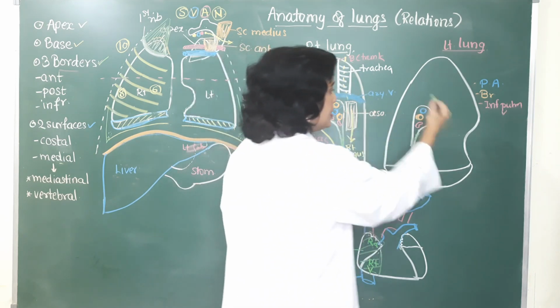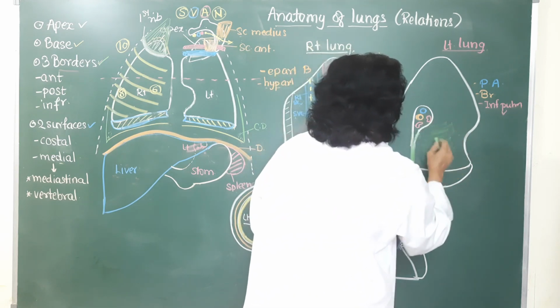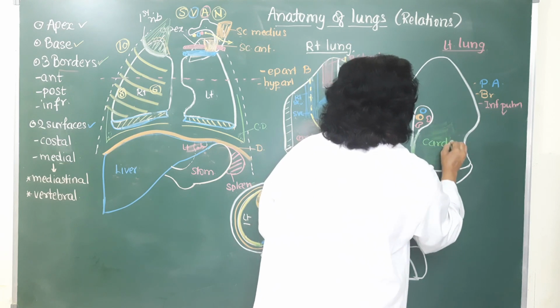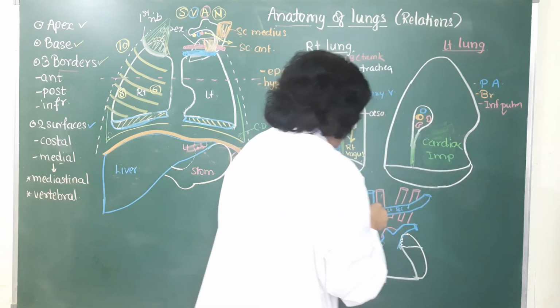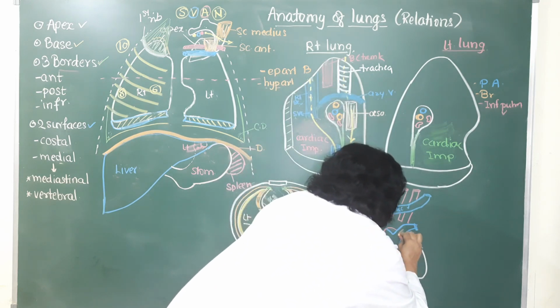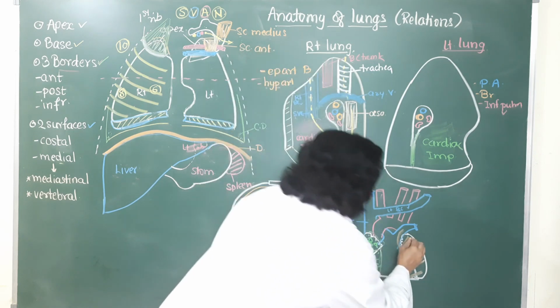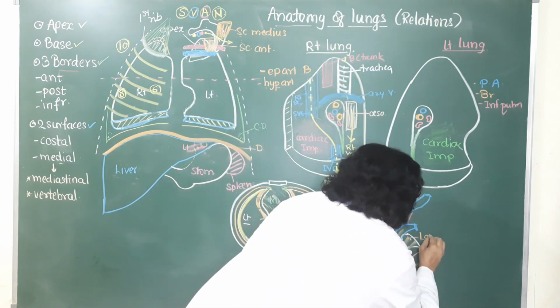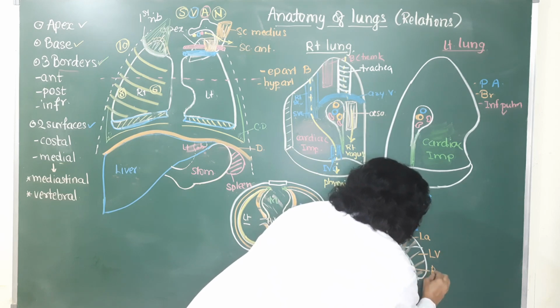Now coming to the other impressions, just in front of this hilum you get the cardiac impression. Suppose I draw here, this is the area related to the left lung. It is related to this ear like appendage, the left auricle, this is the left ventricle, and even the right ventricle.